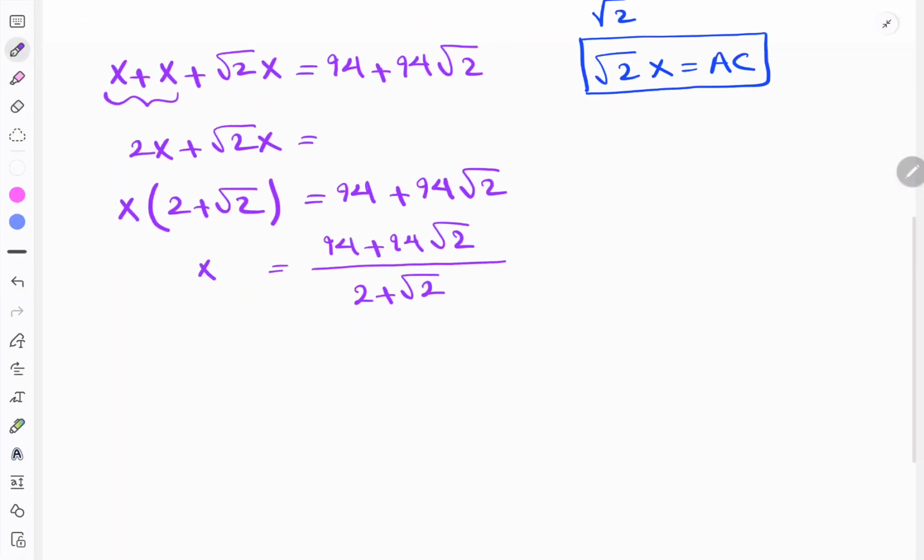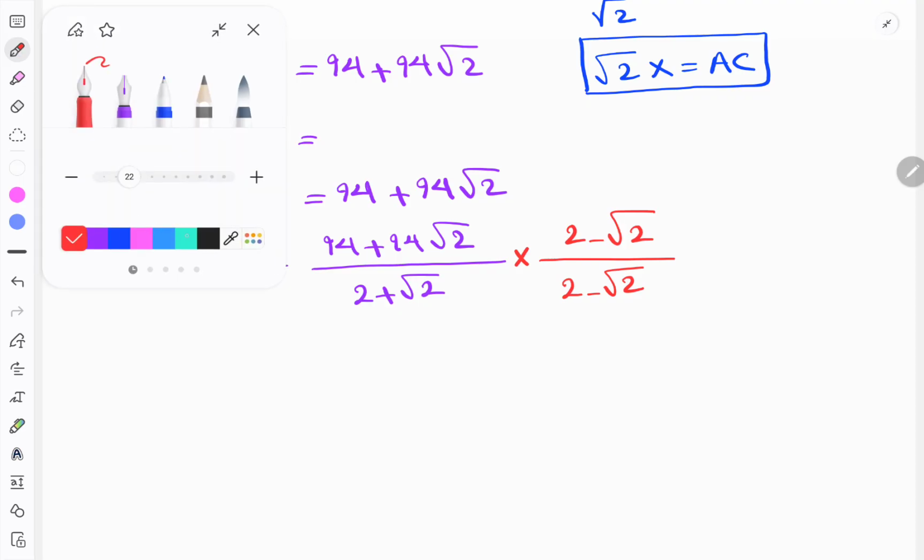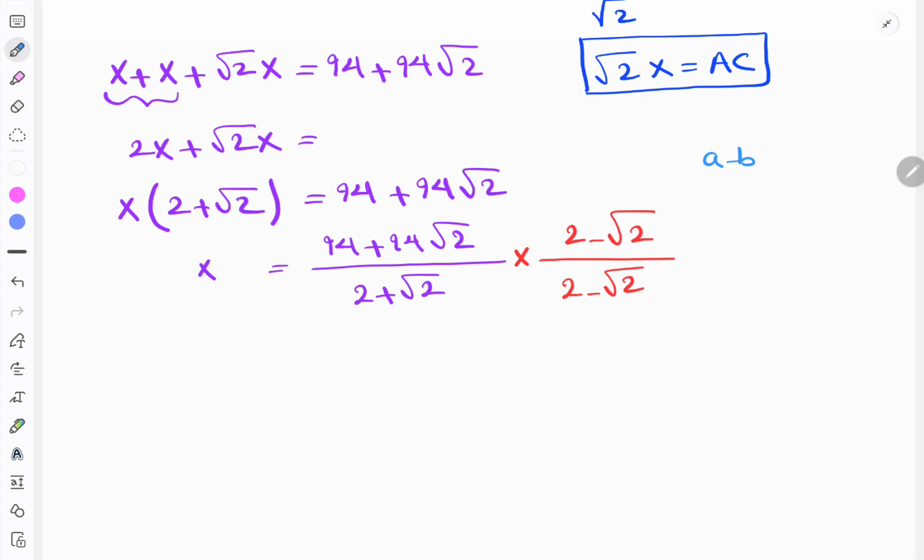So we need to simplify, or continue simplifying x by rationalizing. So I'm going to rationalize the denominator by multiplying by 2 minus radical 2, and in order to maintain the balance of this equation, we should multiply both numerator and denominator by 2 minus radical 2, which is the conjugate of the denominator, because we know that a minus b times a plus b gives us a squared minus b squared.